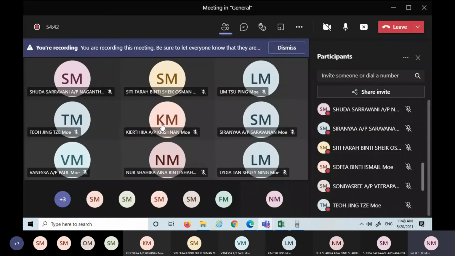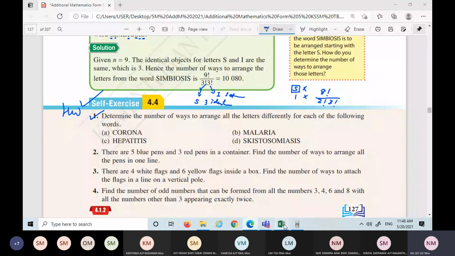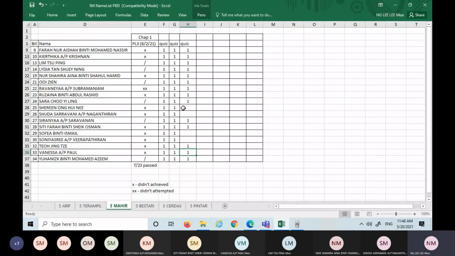One by one, 4 of you. Serene, you prepare for A. Shuda, you prepare for B. You must write up the method. I don't want the final answer. You just tell me what factorial divided by what factorial. Sophia, you prepare for C. Sonia, you prepare for D.